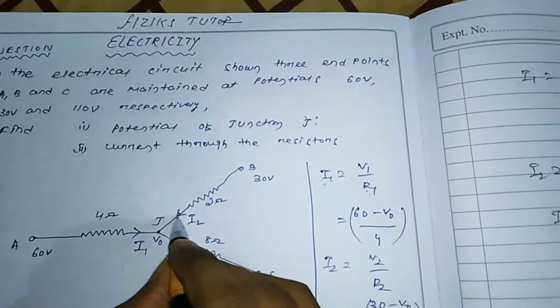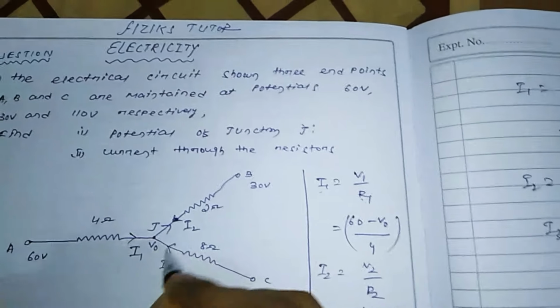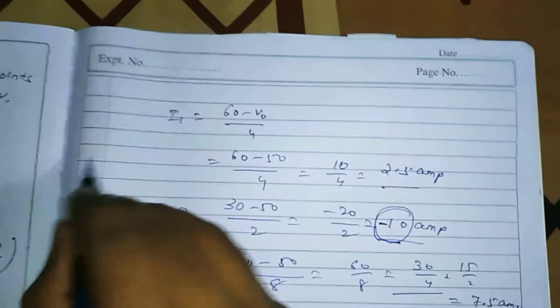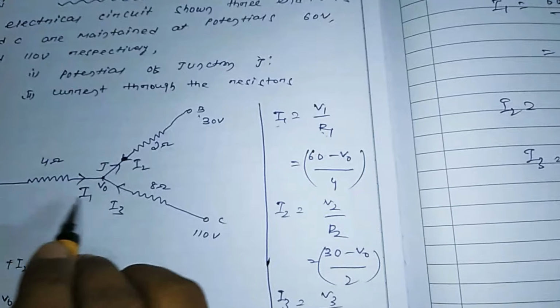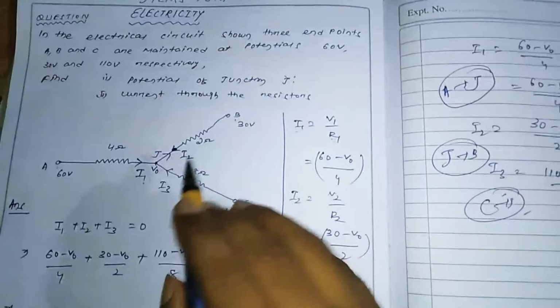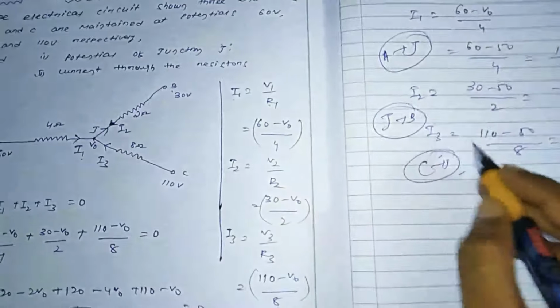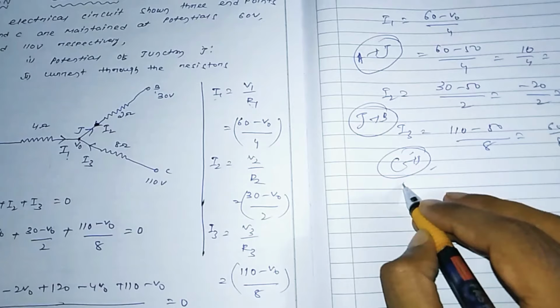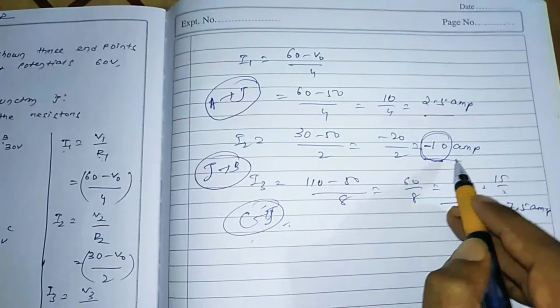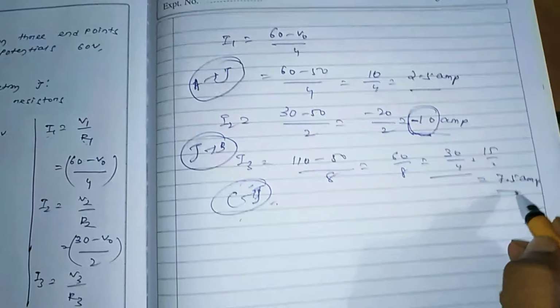Minus 10 ampere means that in the circuit, I2 is actually flowing from J to B. The current I1 flows from A to J, the direction of I2 is J to B, and the direction of I3 is C to J. So what is the value of the current through the resistors? I1 is 2.5 ampere, I2 is 10 ampere in the opposite direction, and I3 is 7.5 ampere.